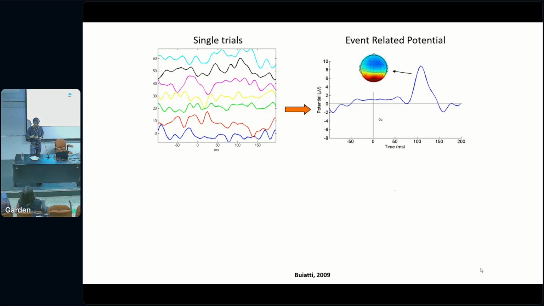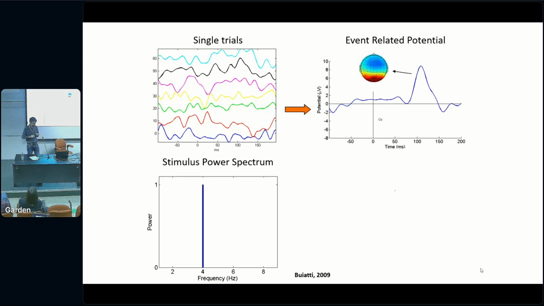So if you reason in the event-related fashion, you average across many presentations, and you easily obtain a P100, so a potential with a clear peak and a clear posterior topography, which of course shows the activation of the visual cortex. But since your stimulus now has a very strict characterization in time, it's a frequency at 4 Hertz, you can imagine that the neural populations that respond to this reversal also oscillate at the same frequency.